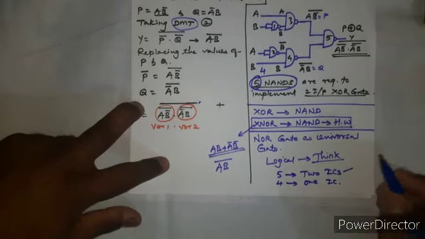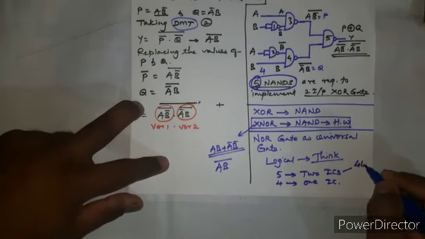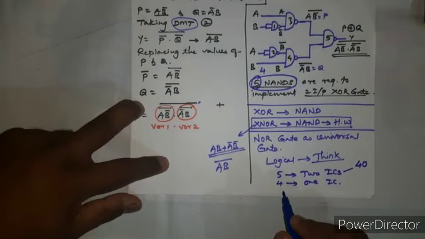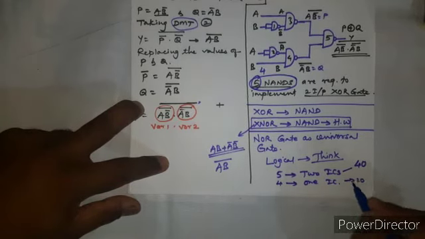If an IC costs 20 rupees, then here 40 rupees is required, and here 1 IC means 20 rupees.